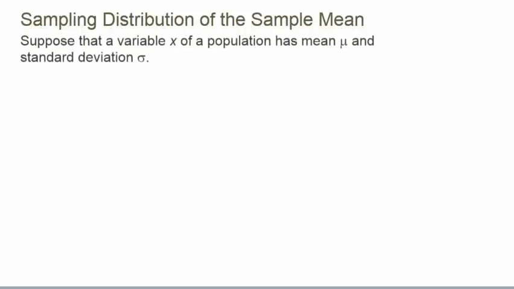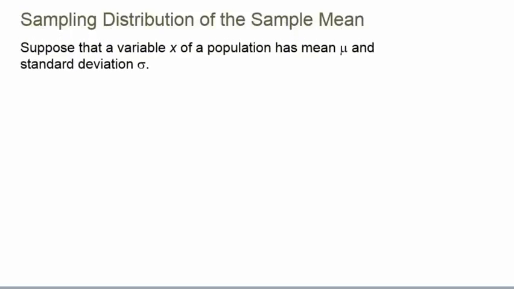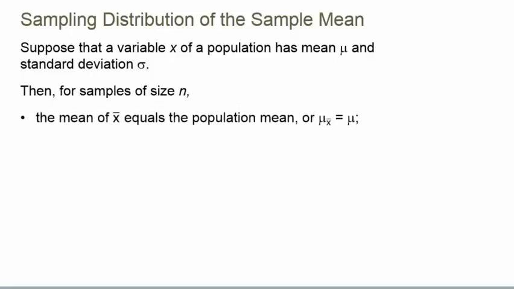Sampling distribution of the sample mean. Suppose that a variable x of a population has mean mu and standard deviation sigma. Then for samples of size n, the mean of x bar equals the population mean, or the mean of the sample means equals the population mean.